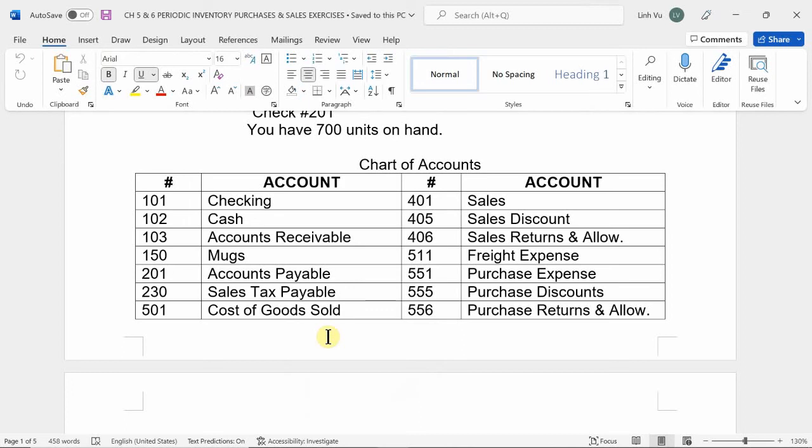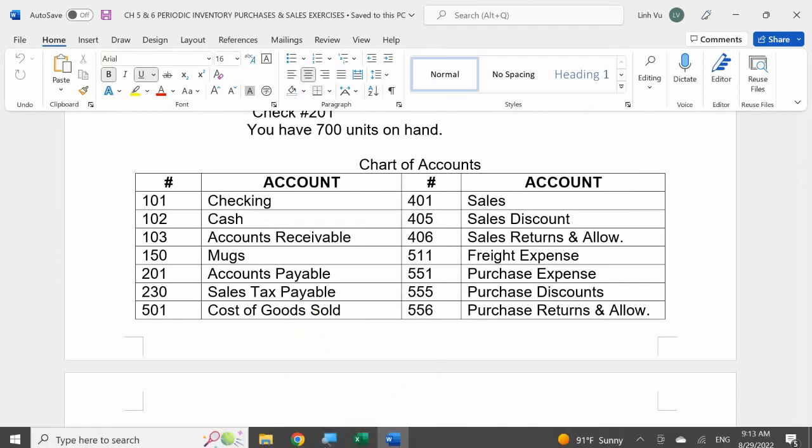Do you have sales tax payable? Yes, you do. It's account number 230. Okay, so there you go. All right, it's perfect.